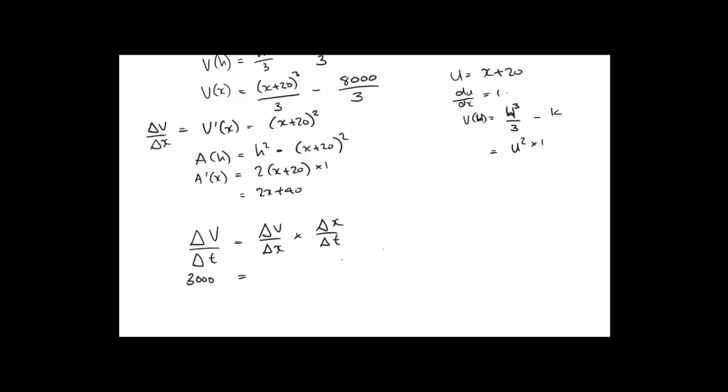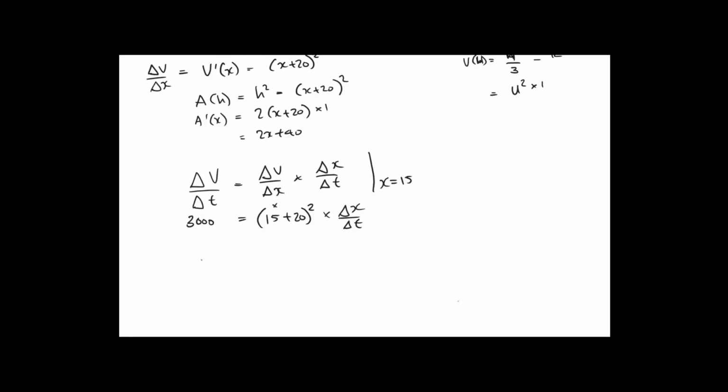The change in volume with respect to x, well, we don't necessarily know, but we know we're evaluating this where x equals 15. So this one here is going to be 15 plus 20 squared. Remember, this is x there, times whatever this thing here is, and we need to find that.